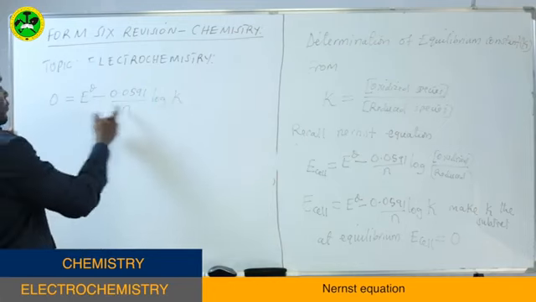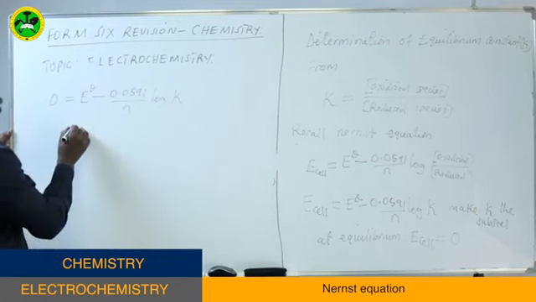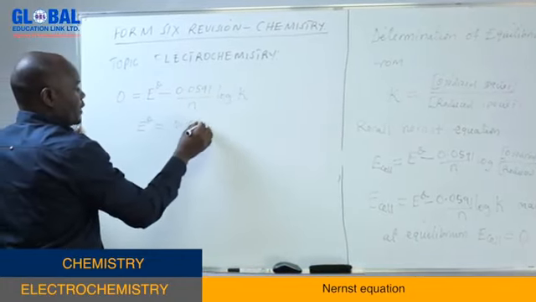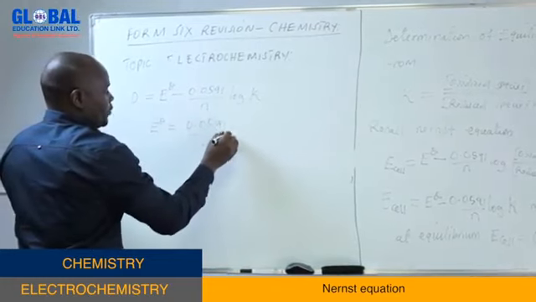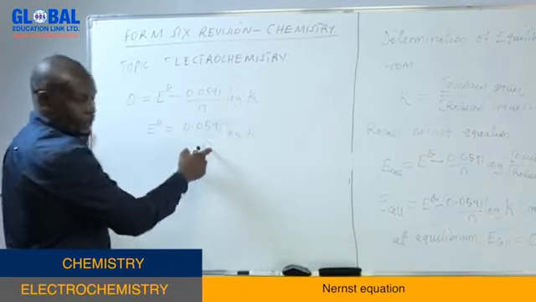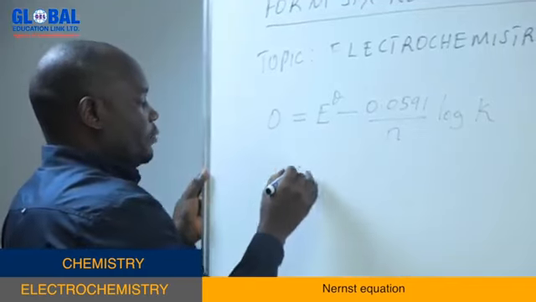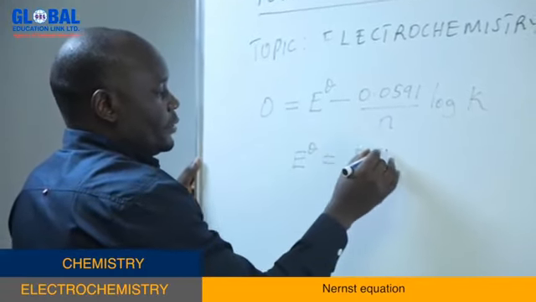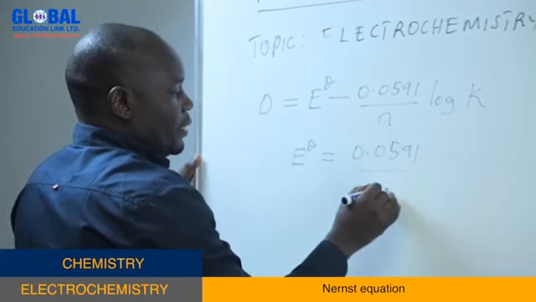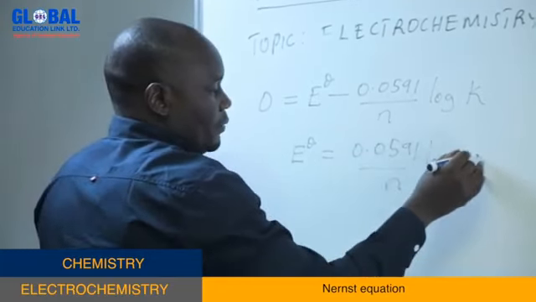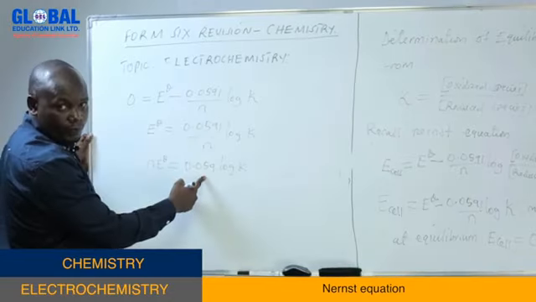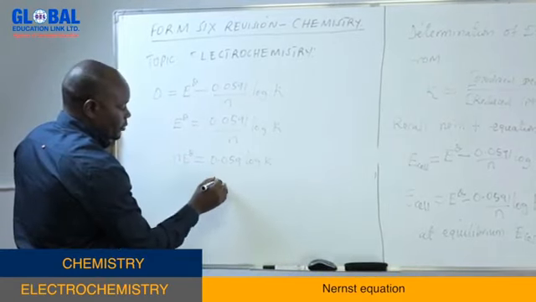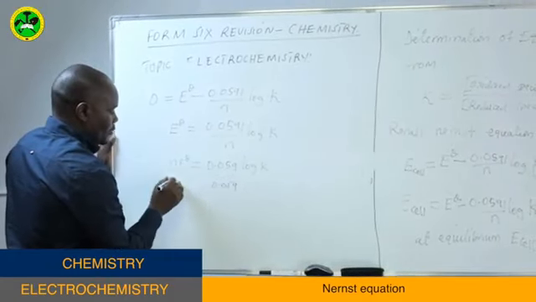Now, if we make K the subject, then you will have the standard electrode potential equal to 0.0591 over n log of K. Now, times n both sides, then you have n times the standard electrode potential of a cell equal to 0.0591 log of K. Now we divide by 0.0591 on both sides.